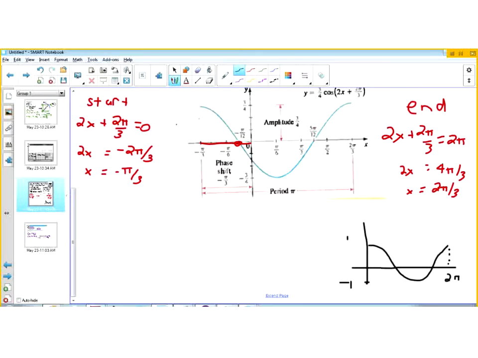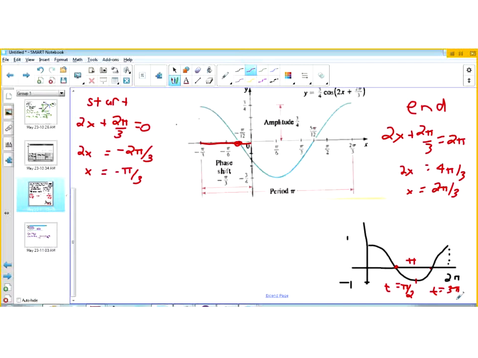Here's 1. And so here is the x-intercept. So the x-intercept occurs at t equals pi halves. And this, of course, is t equals pi right here. And then we have another x-intercept at t equals 3 pi over 2.